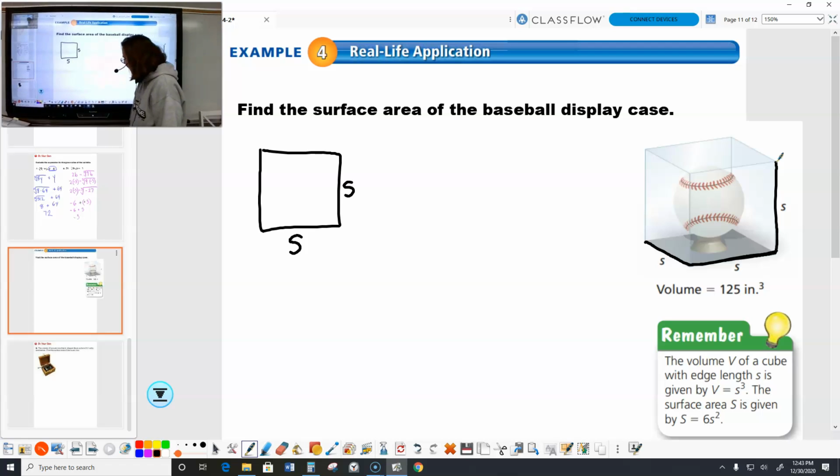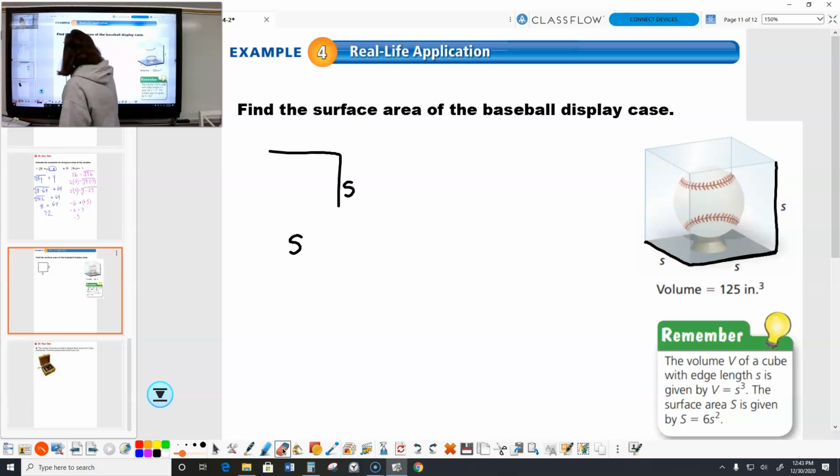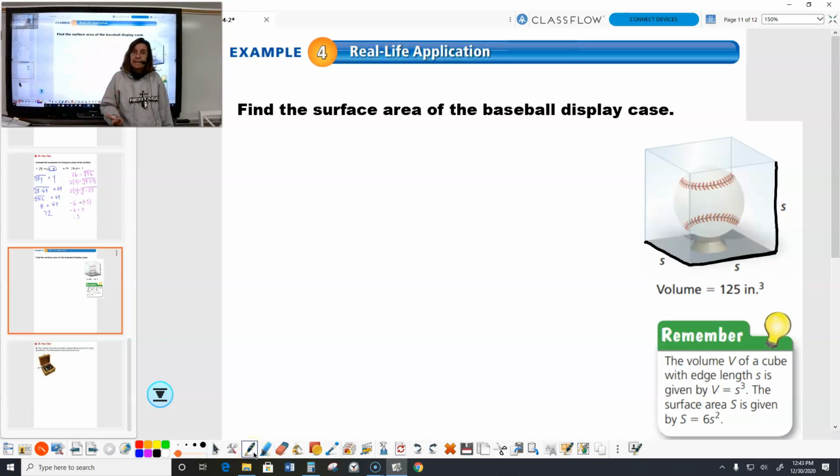All right, so that changes things quite a bit for us. What we're going to need to do is use the volume that we have to find the length of a side. And then once we have the length of the side, we can then find the surface area of our display case.